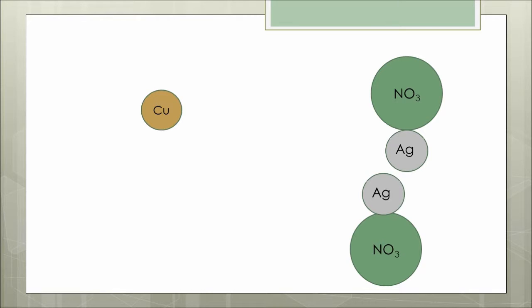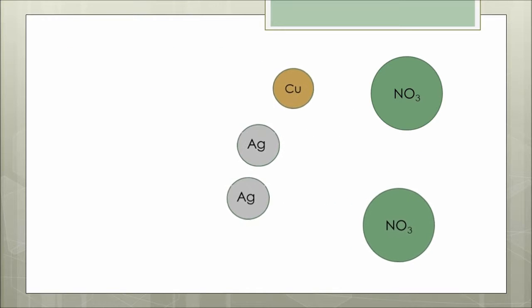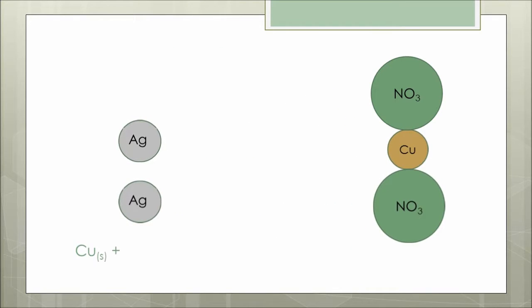Here is an animation between copper and silver nitrate. Silver nitrate is dissolved in water. Obviously, they will not be connected in water because they will break up. They will undergo hydration. Here, just for the sake of showing what would have happened if the chemical reaction took place, you'll find that the copper ions associate with the nitrate to form copper nitrate, and the silver atoms are displaced. It gives you metallic silver.